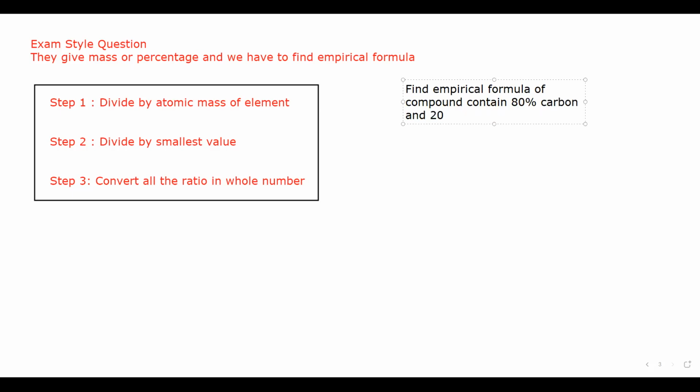That's the question. So we have to follow the steps to get the final answer. First, we have 2 elements present, carbon and hydrogen. How much carbon is there? 80%. So we write 80. How much hydrogen is there? 20%. So we write 20.